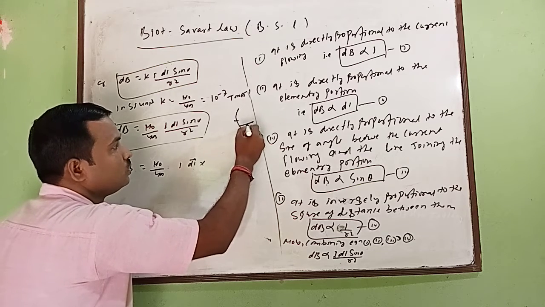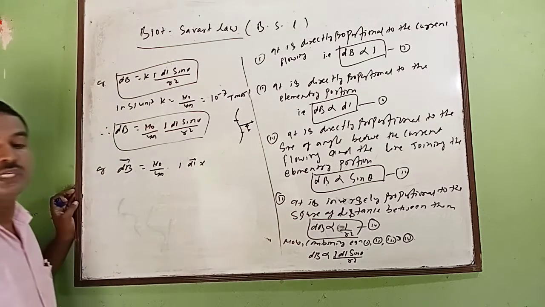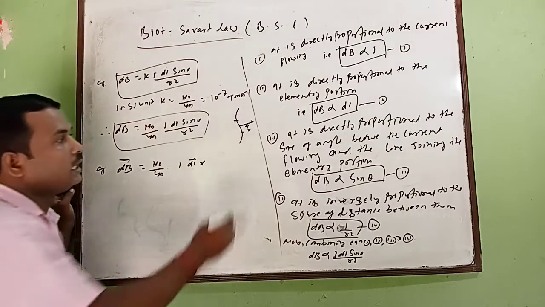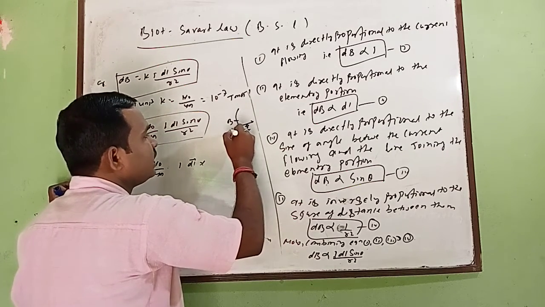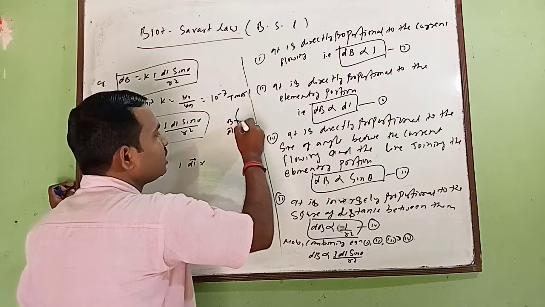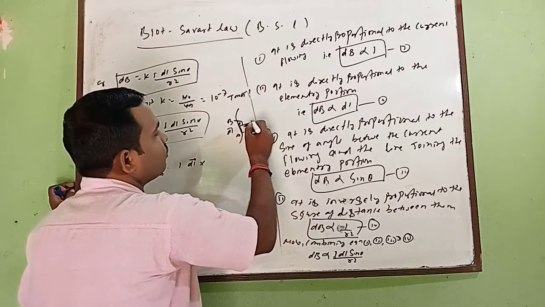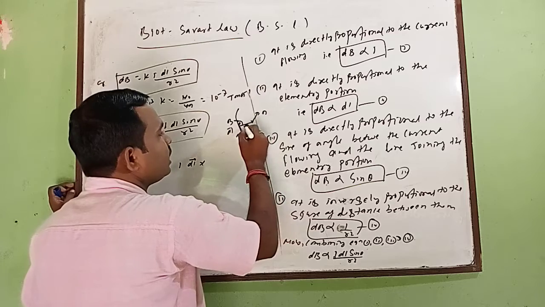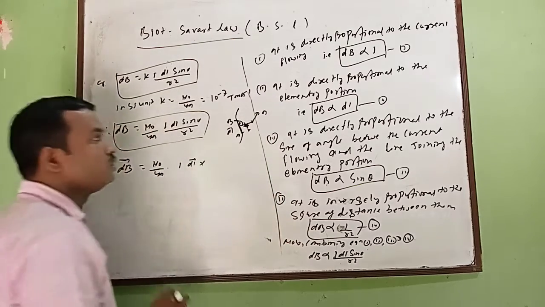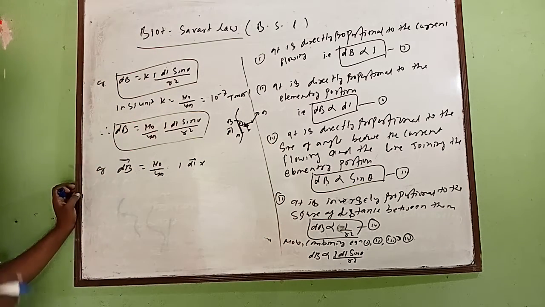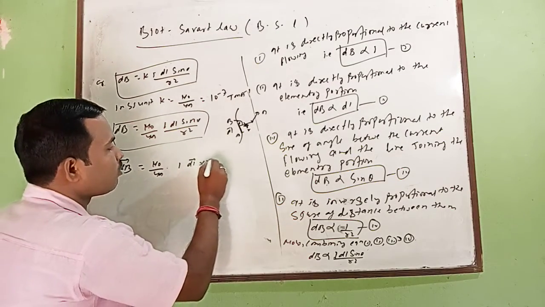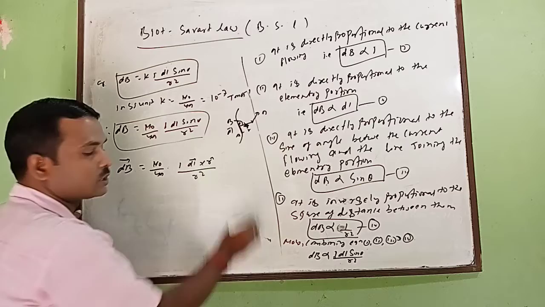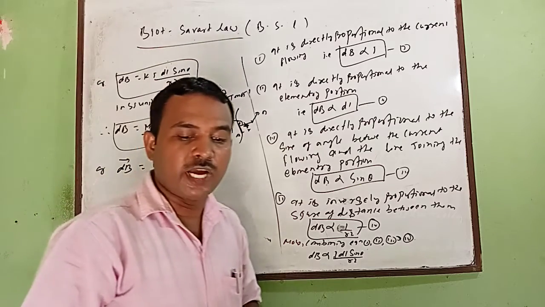This is A and this is B, this is the dl, and here is theta. This is the magnetic field, and this is the unit vector which points in the particular direction. So you can write I dl cap of r by r square. This will be the final value.